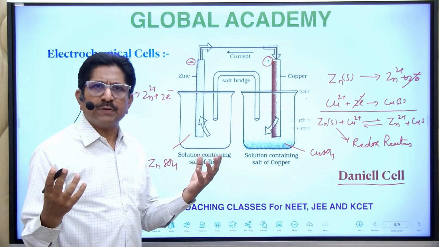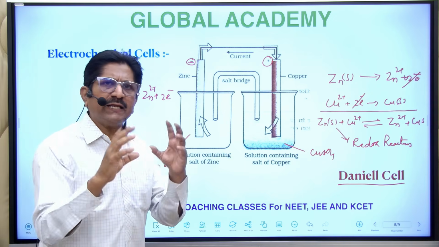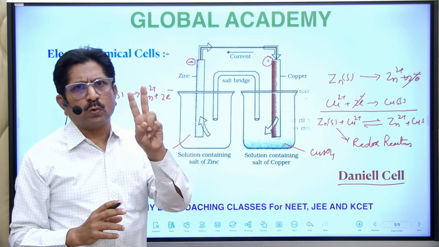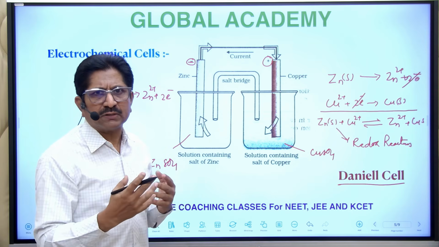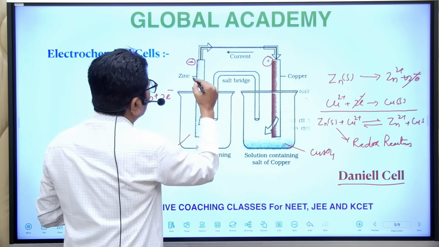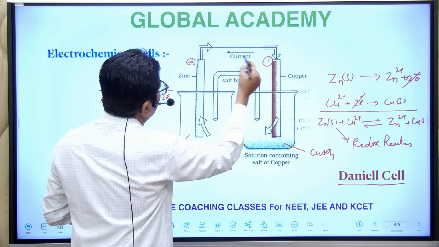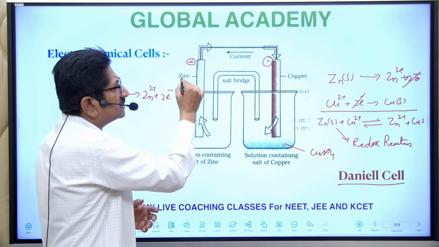I think everybody has seen that for any electric connection, we require two wires. In one, a positive current is flowing, and in the other, the negative current is flowing. Here, the negative current, that is the electron flow, is from zinc to the copper.